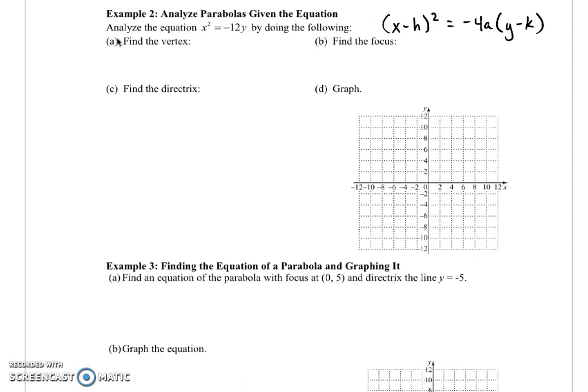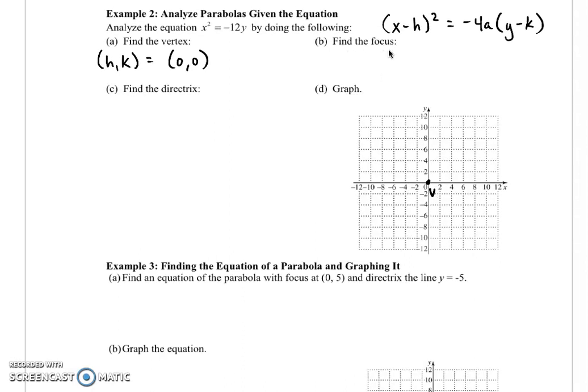Since we don't see any subtractions going on, that means that our vertex, (h, k), is the origin, (0, 0). Okay, that's the first thing. So we can plot the vertex.